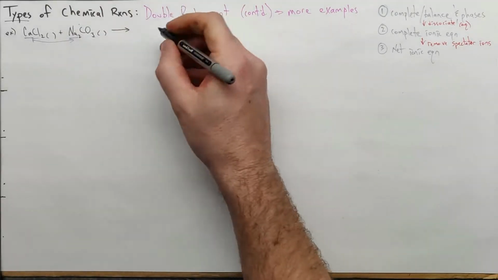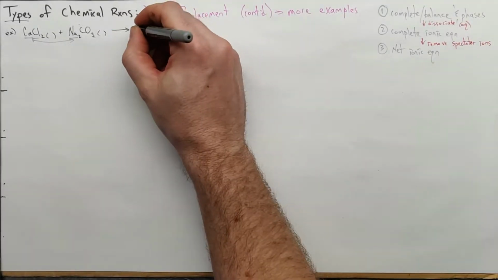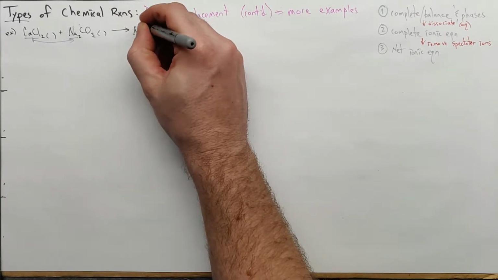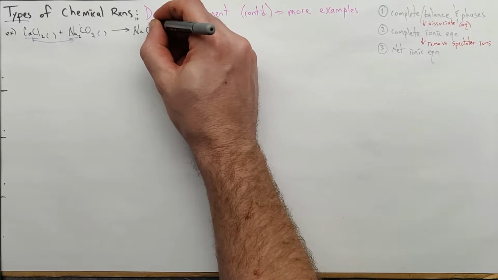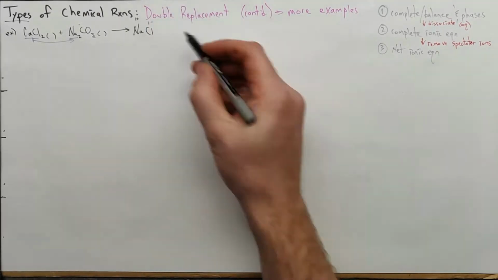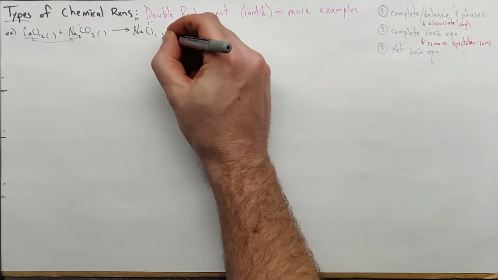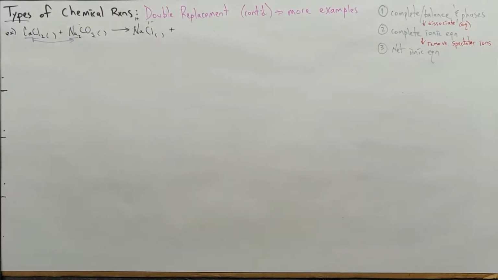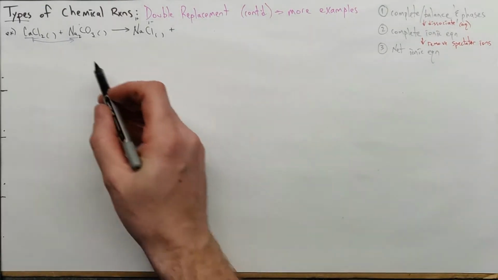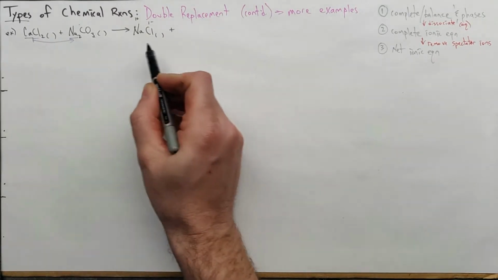To get our products on the other side, we can take the sodium first. Sodium's a 1+. With the chlorine now, that's a 1-, right? And we crisscross and reduce, and we have NaCl, table salt. I think it's super important to mention, and I keep mentioning it over and over: there's a 2 there, but there isn't a 2 there.